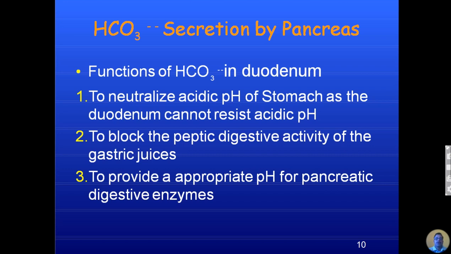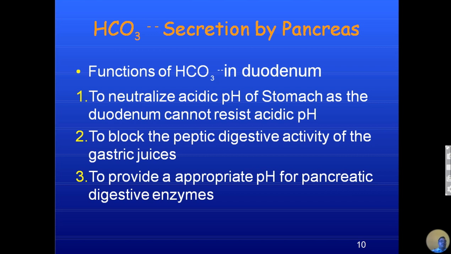Now that relates to the acinar cells. Now this is with the ductal epithelial cells. What is the role of these ductal epithelial cells? They release the bicarbonate secretion to neutralize the acidic pH of the stomach, as the duodenum cannot resist that acidic pH.